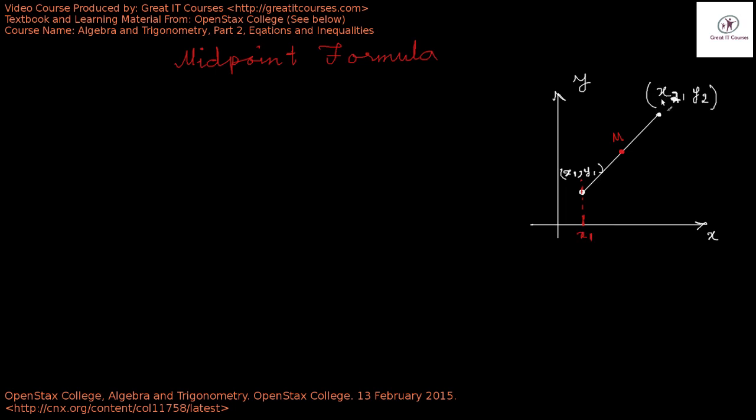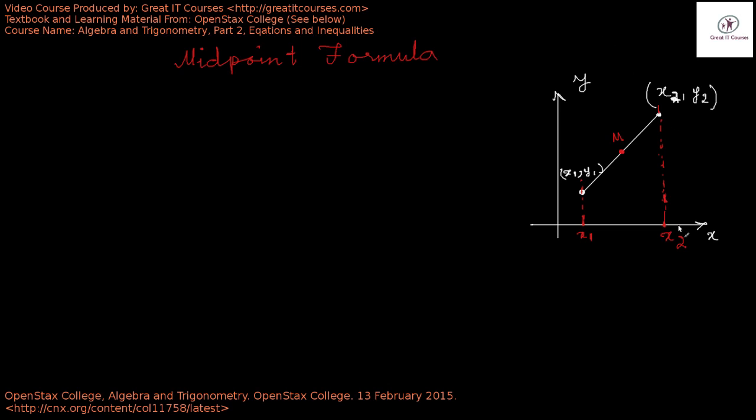And if you drop a perpendicular from this point to the x-axis, you would end up on this point on the x-axis, and so here the value of x is x2, based on the x coordinate of this point.